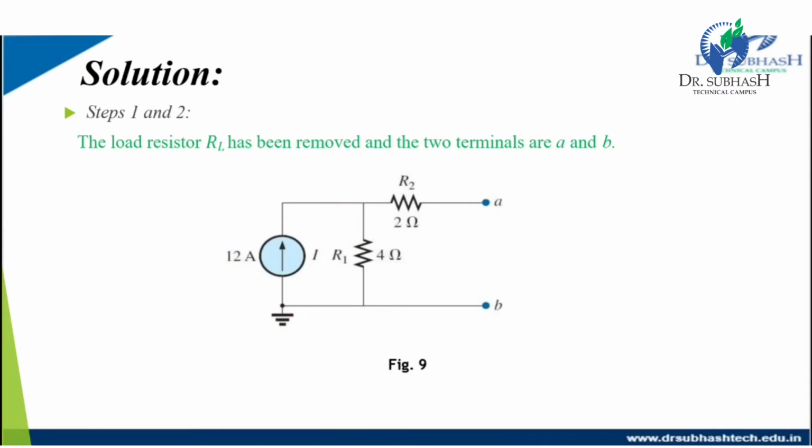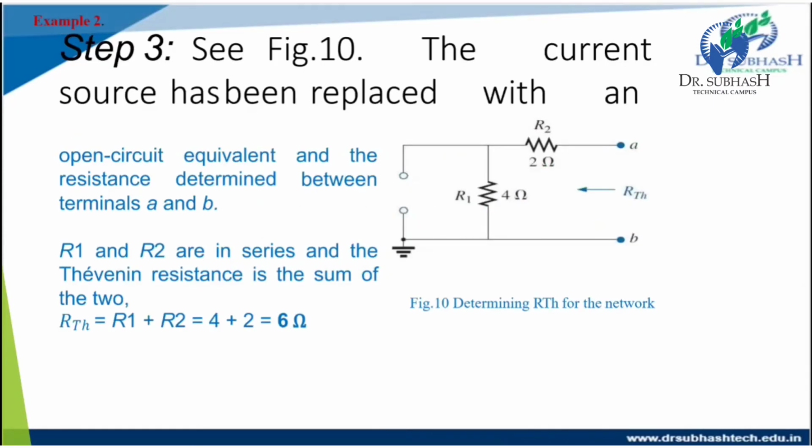Now we will see it again in the next slide. Step 3, in figure 10: the current source has been replaced with an open circuit equivalent and the resistance determined between the terminals A and B. R1 and R2 are in series and the Thevenin resistance is the sum of the two.